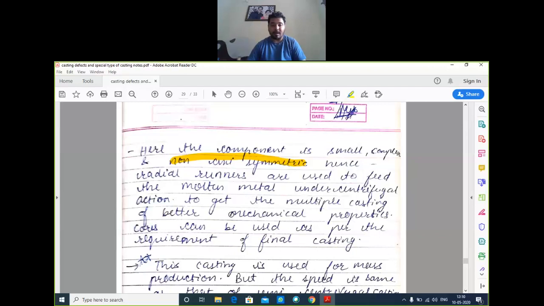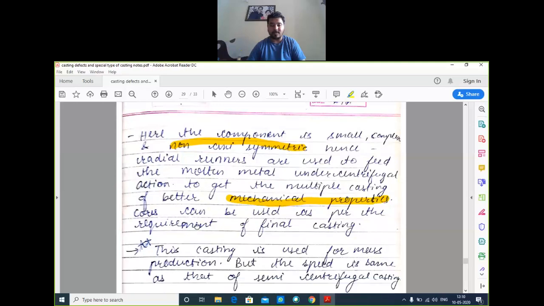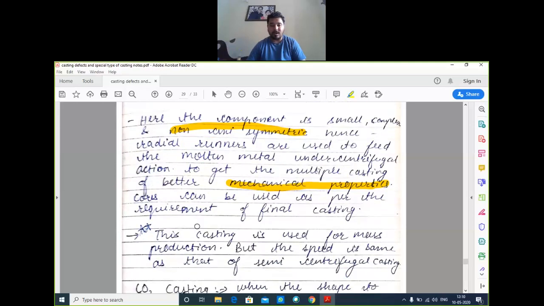As I discussed in the previous lecture, the mechanical properties will increase while we use centrifugal casting for making the product.